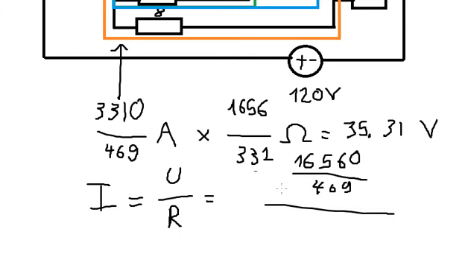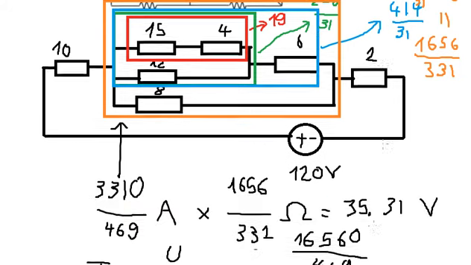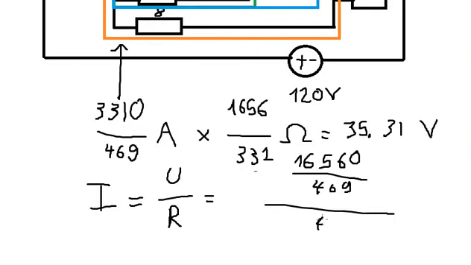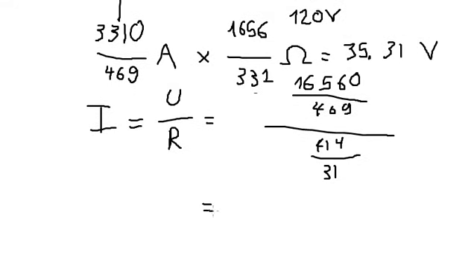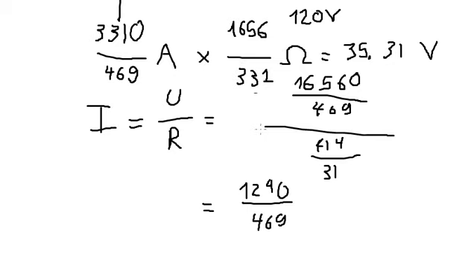We divide by the total resistance of the blue one. This is this number in here. You will get 1240 over 469. The ampere of number 6 and the green one, they have the same number.